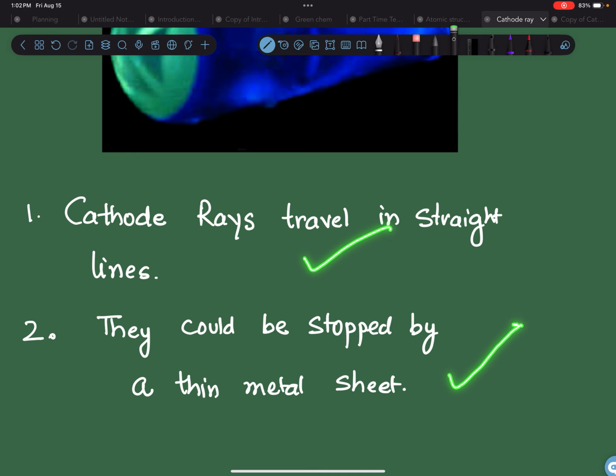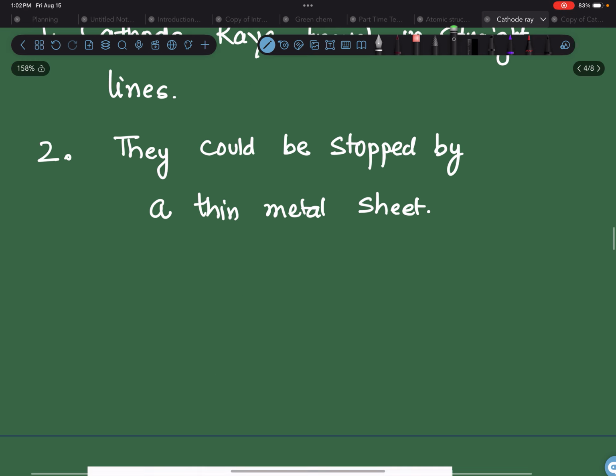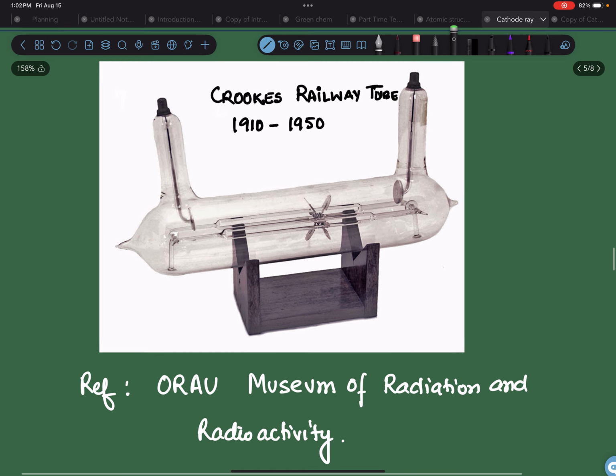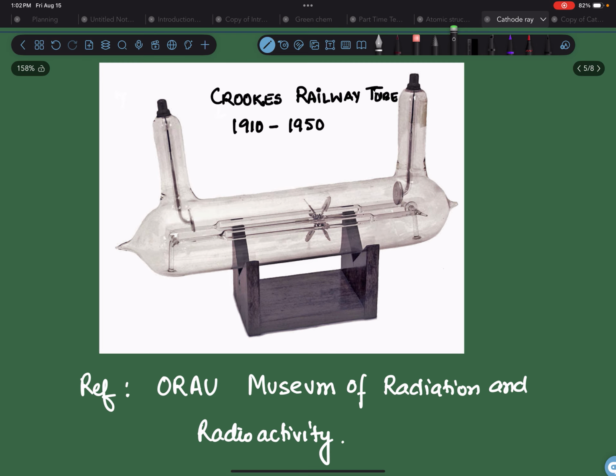Fine. Now, he also modified the apparatus. This is called the Crookes railway tube. Just like a railway track, he has those glass tracks, and onto that he put a paddle wheel, and the blades of this wheel are coated with the fluorescent material, the material which glows when cathode rays fall on it.